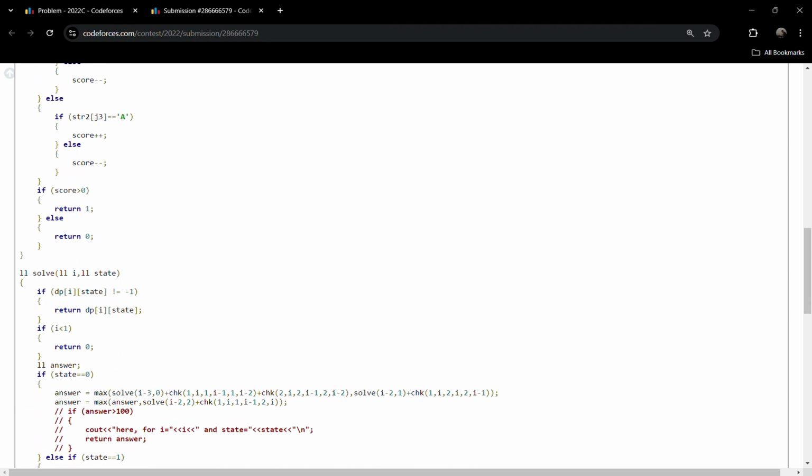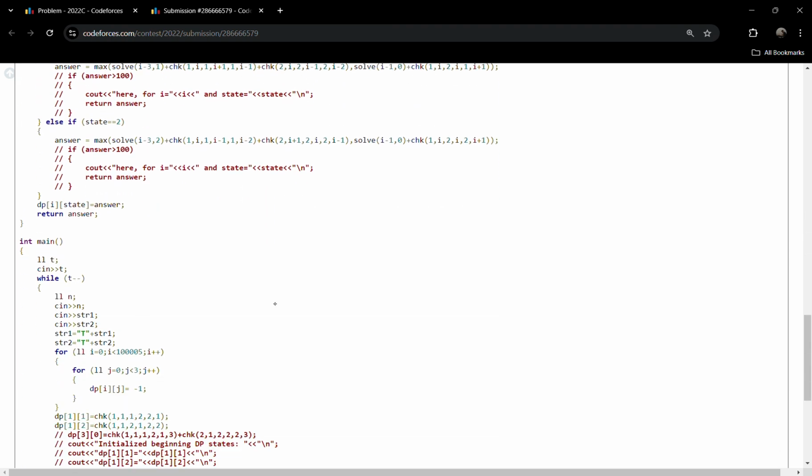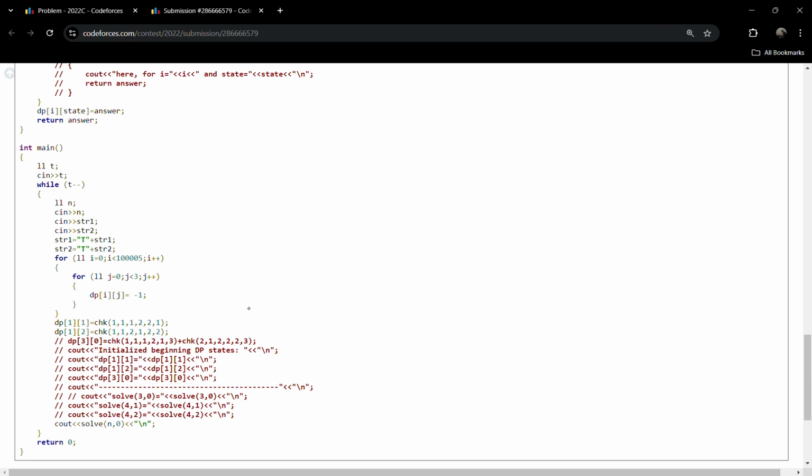And next, this is our solve function. In the solve function, I'll explain what I'm doing. Basically taking two inputs, and this is a very clever way to ensure one-based indexing, doing str1 is equal to some wild character plus str1, and the same for str2, and initializing dp here.